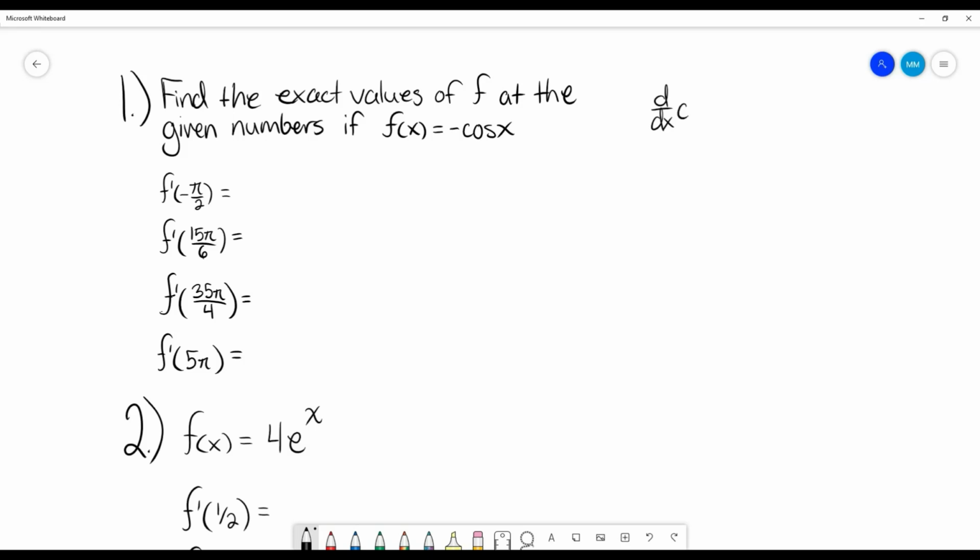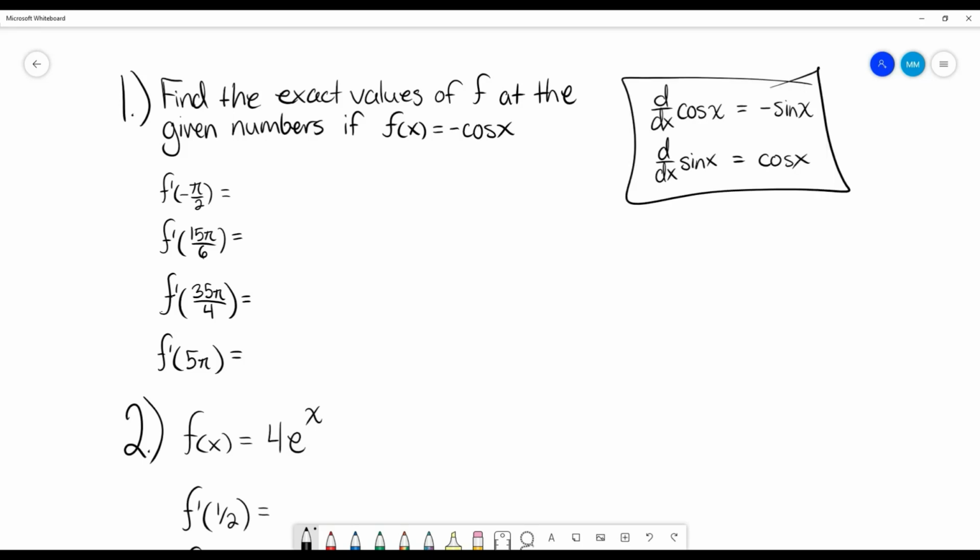So the derivative of cosine of x equals negative sine of x, just like the derivative of sine of x is always going to be cosine of x. These are two really important derivative rules for us to remember.